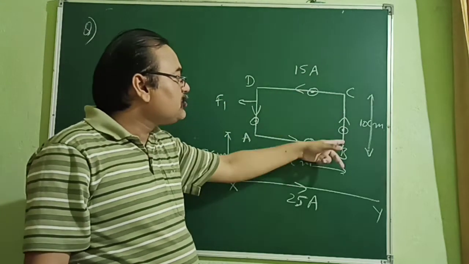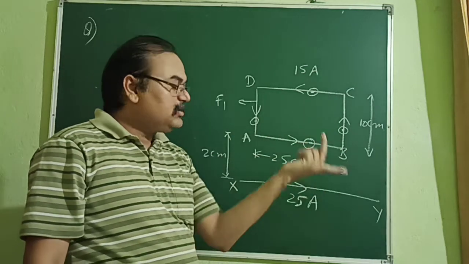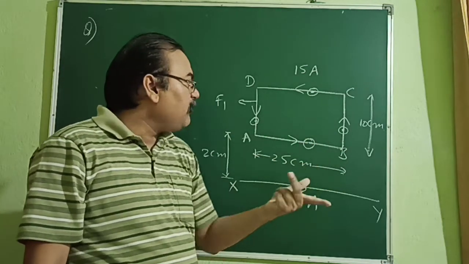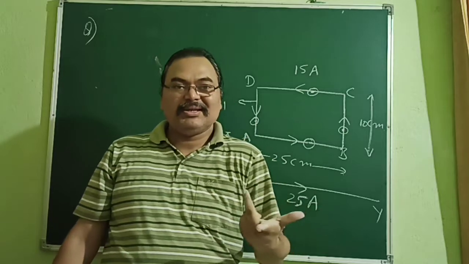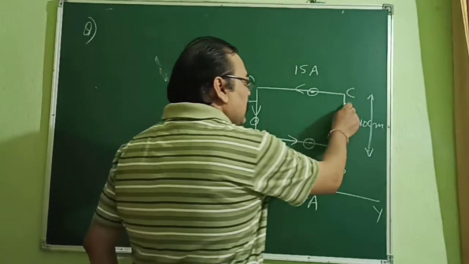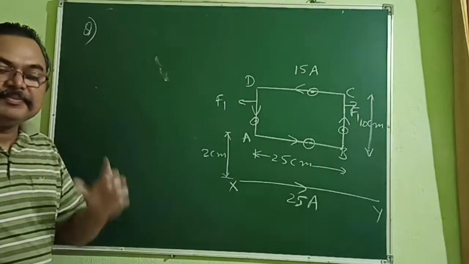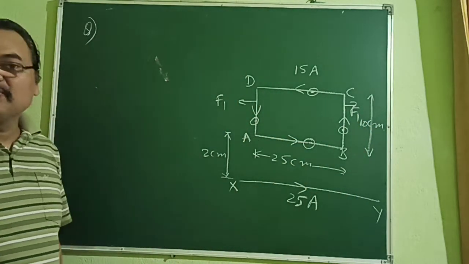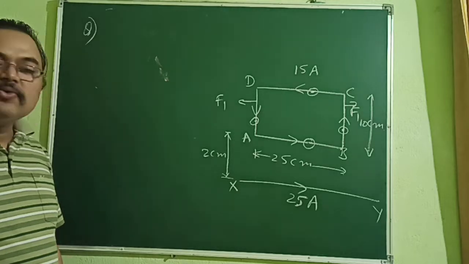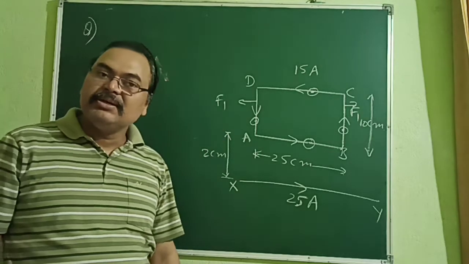What about the direction of force on this? The direction of current is upward, direction of magnetic field is towards you, so force is on this side. Same force will be acting, equal and opposite. And when the forces are equal and opposite, the net force on the loop in the horizontal direction will become 0.